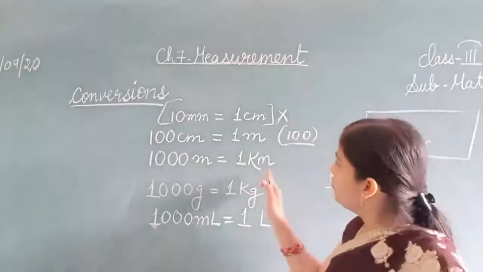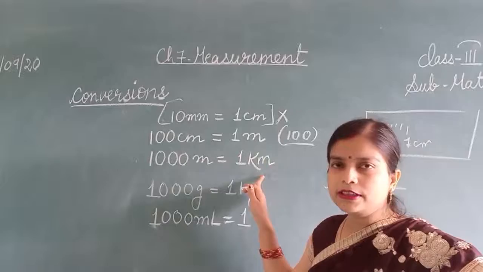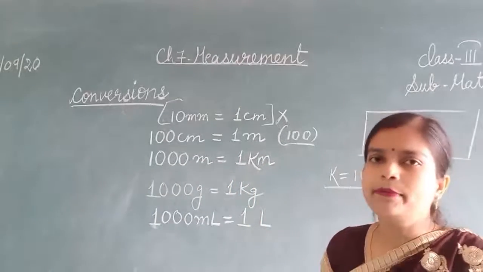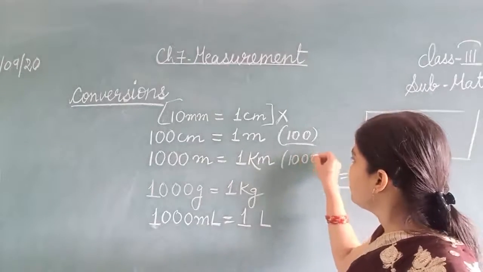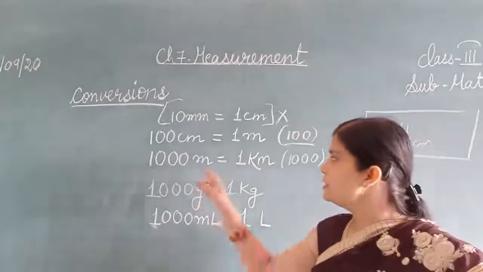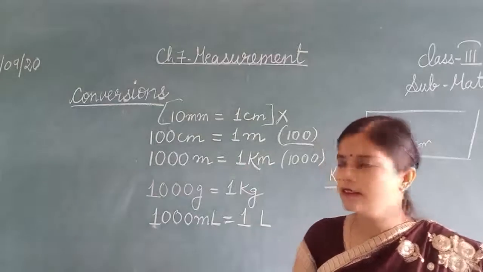Now, when we have to convert kilometer into meter, kilometer is the bigger unit and meter is smaller than kilometer, so we have to multiply by 1000. The factor here is 1000. And if we have to convert meter into kilometer, we have to divide by 1000.